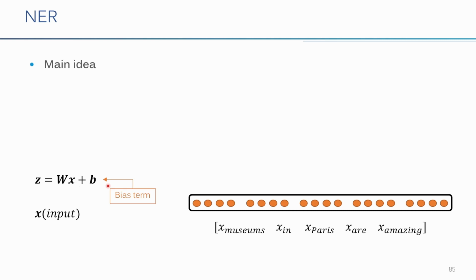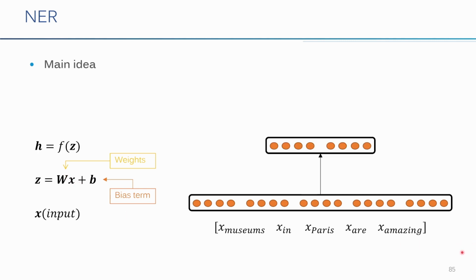The weights give us the importance of these features. Then we put this into a nonlinearity, which hopefully also helps us reduce the dimensionality. So after calculating W times X plus B, we put it into our nonlinearity. It can be our sigmoid function or any other function.